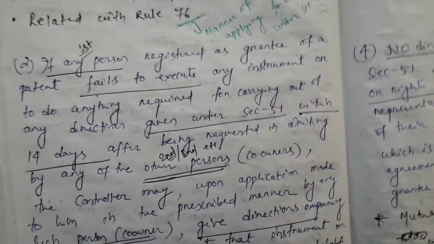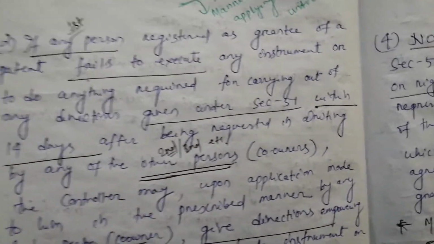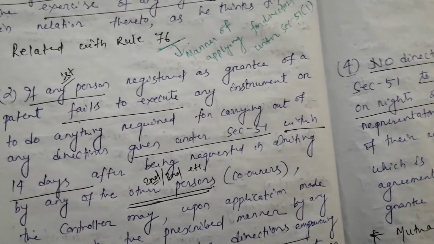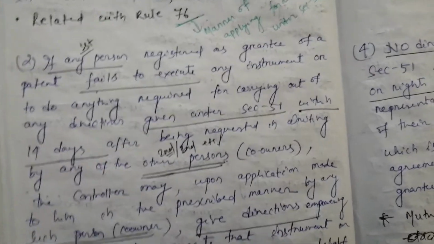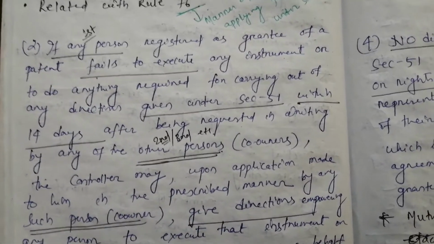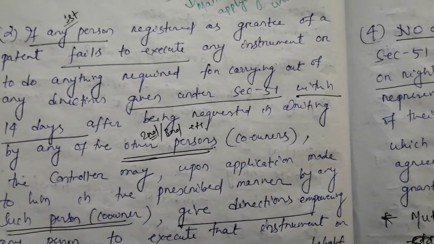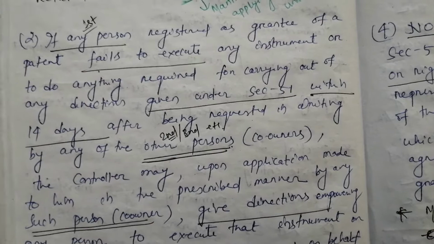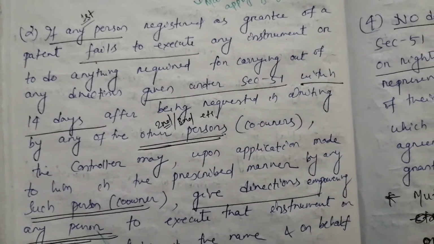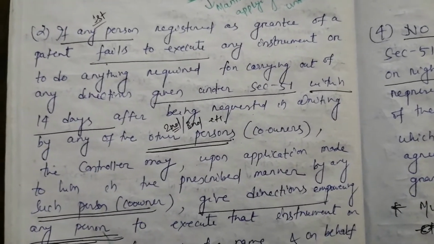Fine. So in a very simple way, I can tell you that there is a granted patent and it has more than one patentee. That means the number of co-owners may be 2 or more. One person fails to execute any instrument or any direction given by the controller, then the controller, after getting an application from the other co-owner about the same, gives directions to the requested person, who has requested.